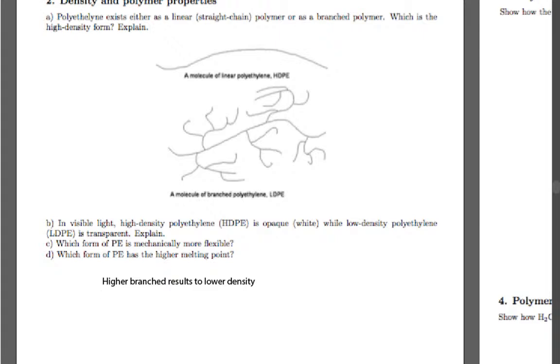According to Google, HDPE would have a higher interface. No. HDPE has some degree of crystallization, which makes it into a... oh wait.